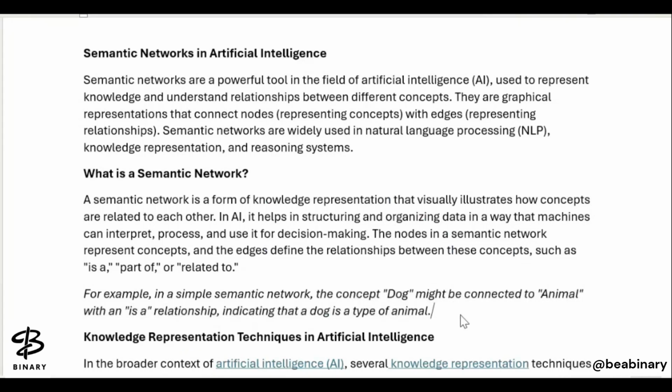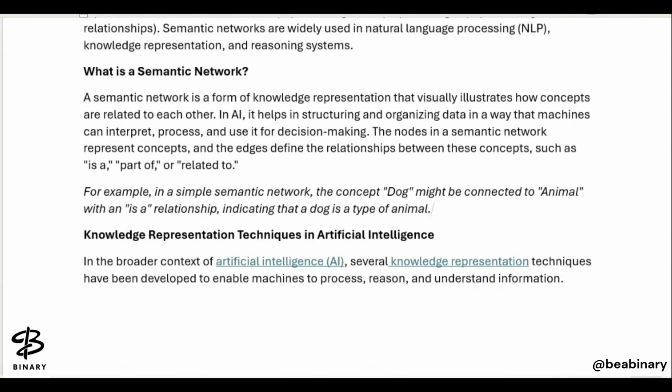Or simply this is a type of vehicle. If we are talking about a particular car or a bike, we are simply saying that this car is a type of vehicle, this truck is a type of vehicle. Simply we are talking about is-a relationship, part-of relationship or related-to relationships between the concepts here.